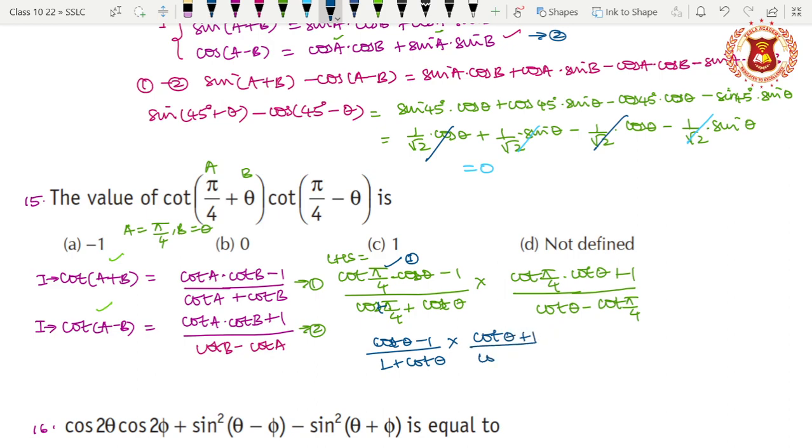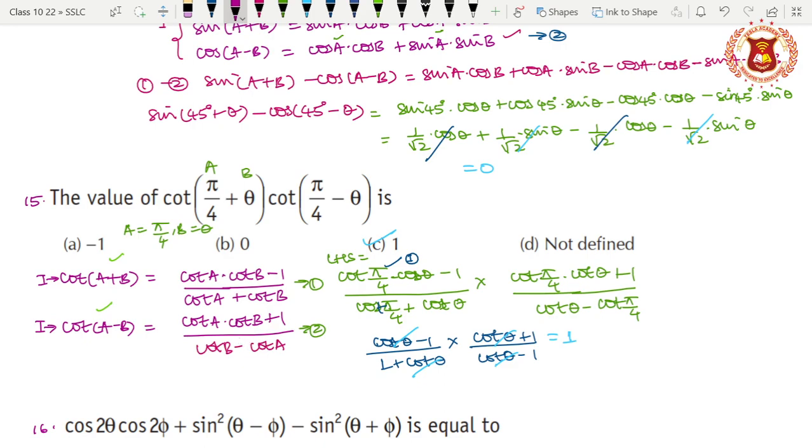Cot theta minus cot of pi by 4 is again 1 here. Okay, both the numerators are cancelled here and both the denominators are cancelled here. What am I left with here? 1. Option C. Don't try to substitute values and get wrong answers here.